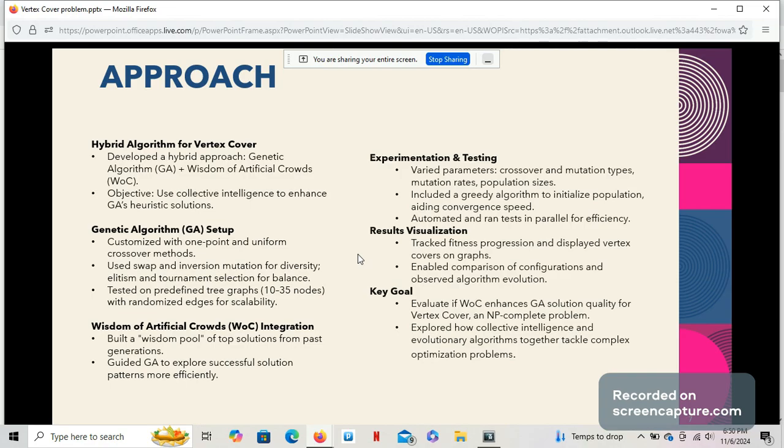For my experiments, I tested the genetic algorithm with the wisdom of crowds hybrid using various parameter combinations, and this included trying different crossover and mutation methods, adjusting mutation rates, changing population size, and using both the greedy initialization and the wisdom of crowd approach.